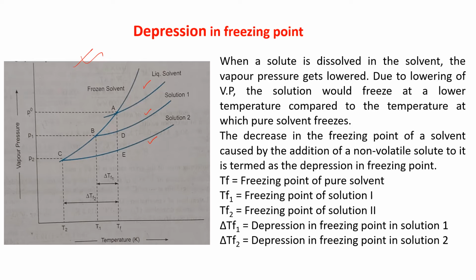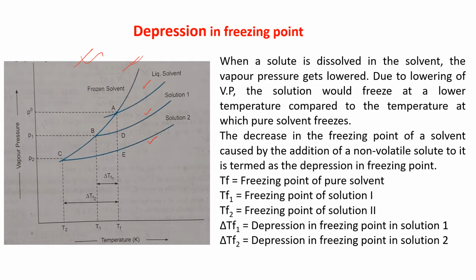Okay. You can see here another graph, that is the graph given for frozen solvent. Now, from where do we get this point of frozen solvent? You know that liquid solvent has a particular temperature at which it freezes. We can get that temperature.